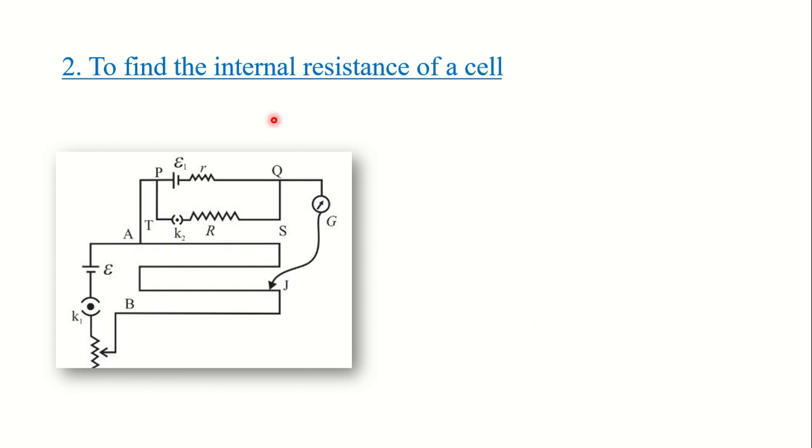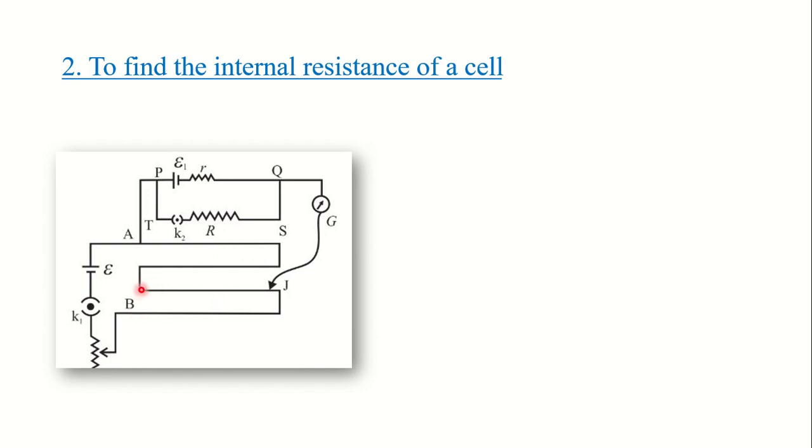Now the second use of potentiometer in the laboratory is to find out the internal resistance of a cell. We will try to understand the circuit diagram first. Now the point A and the point B, that is the potentiometer wire, is connected to the cell and the key and the rheostat. As you know, this is the basic diagram in all the circuits that we have seen.